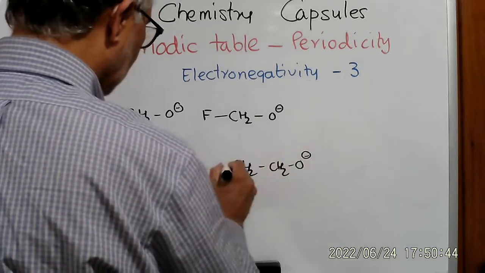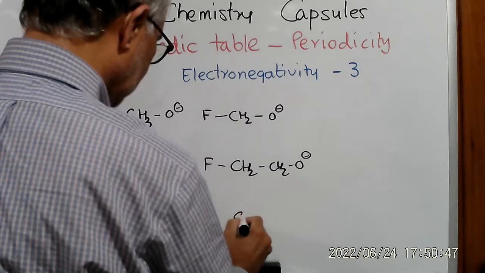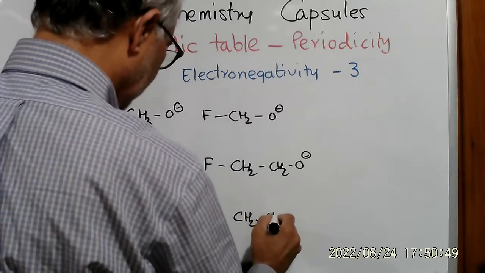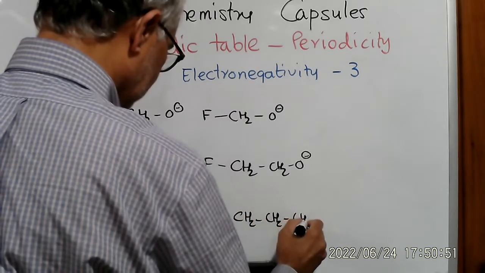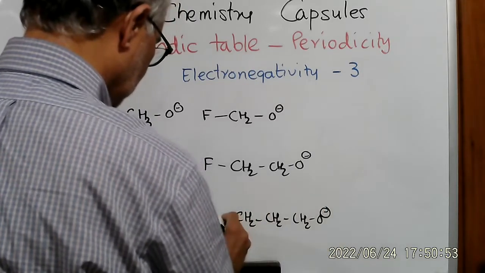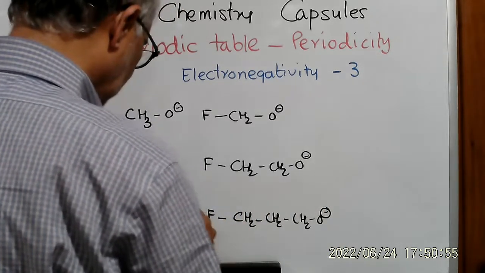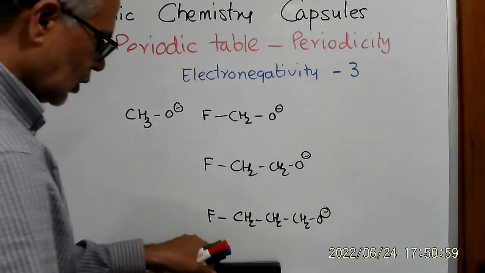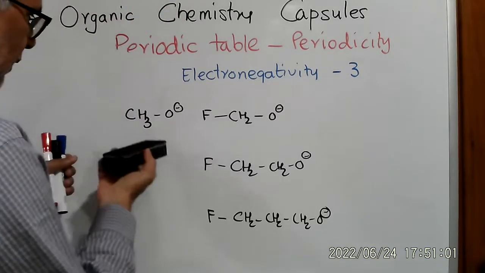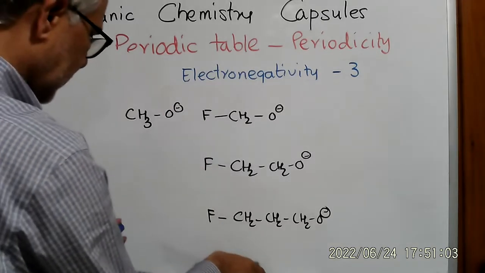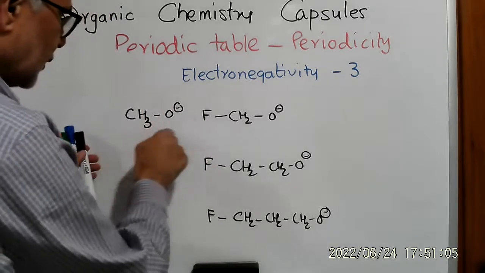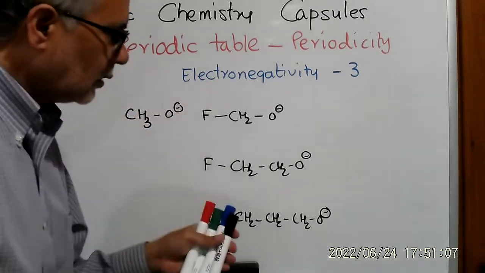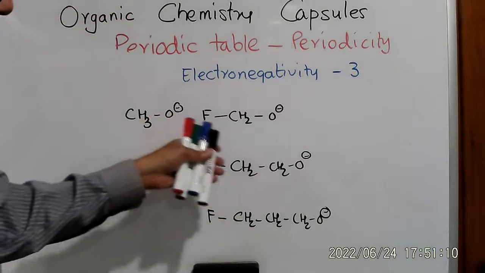Okay, so there's that, and one more. Just complicating matters, we can include methoxide. This is methoxide. But we have these four ions now.